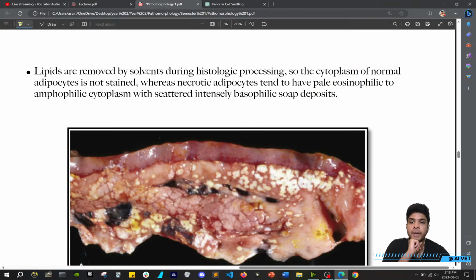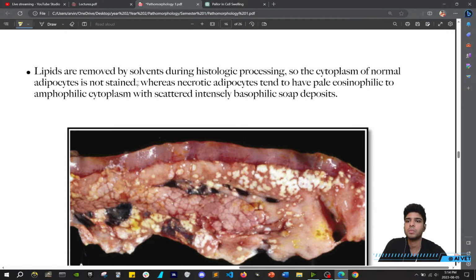Lipids are removed by solvents during histologic processing. Okay, solvents in this case. Oh, they use solvents. So the cytoplasm of the normal adipocytes is not stained. Some of the lipids that are not affected are removed during histological pre-processing using chemicals.